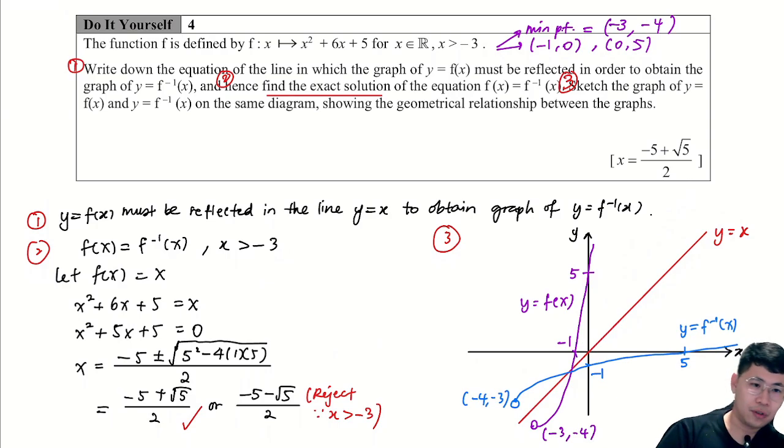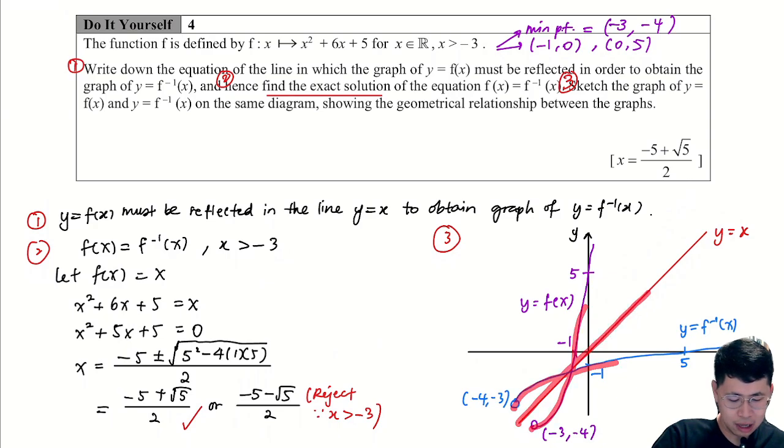Now let me point out a few things over here. The graph of y equals f inverse will pass through this negative 1 and 5. So x-intercept becomes y-intercept, y-intercept becomes x-intercept. Then the graphs, sorry, the three graphs, the original graph, the inverse graph, and also y equals x will intersect at the common point over here.